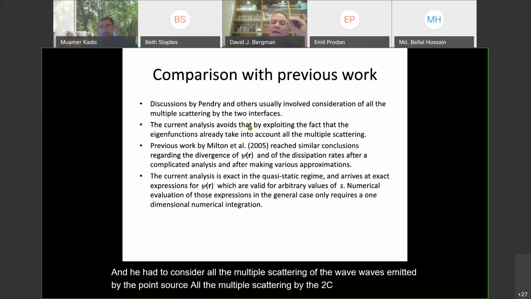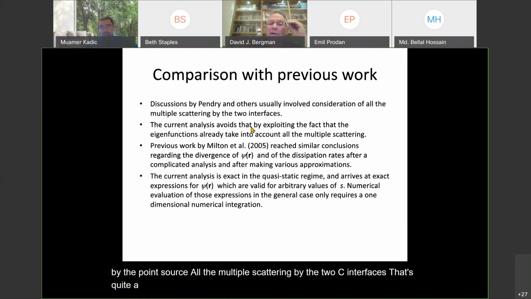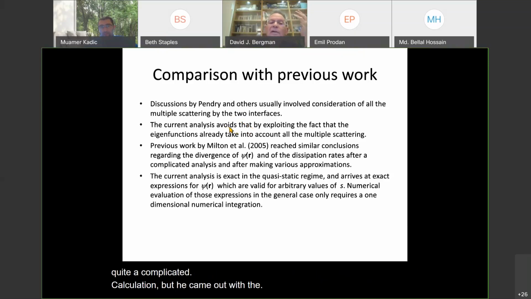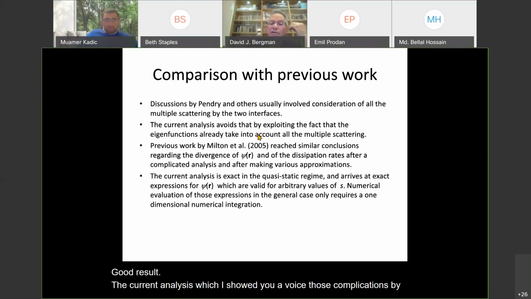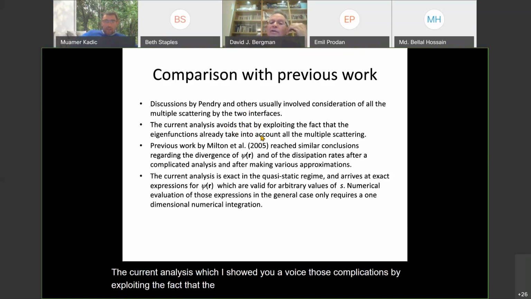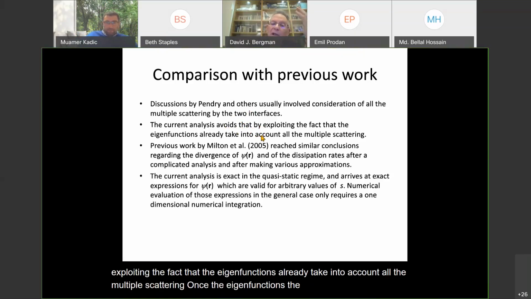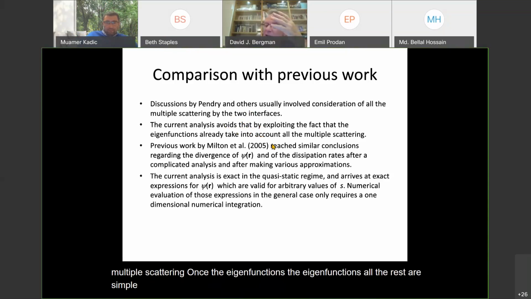That's quite a complicated calculation, but he came out with a good result. The current analysis, which I showed you, avoids those complications by exploiting the fact that the eigenfunctions already take into account all the multiple scattering. Once you know the eigenfunctions, all the rest are simple calculations. In this case, the most complicated thing was to calculate one-dimensional integrals.